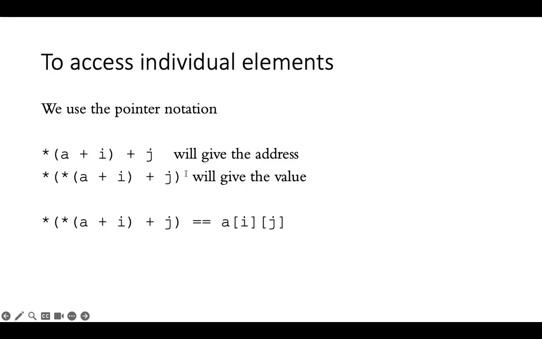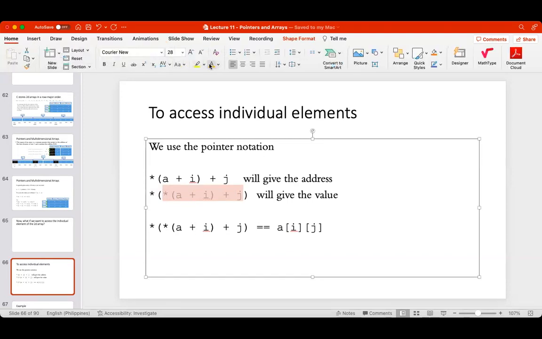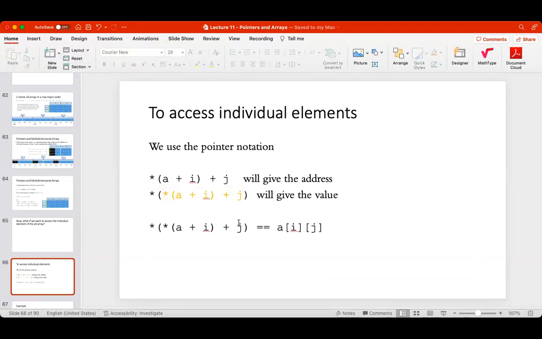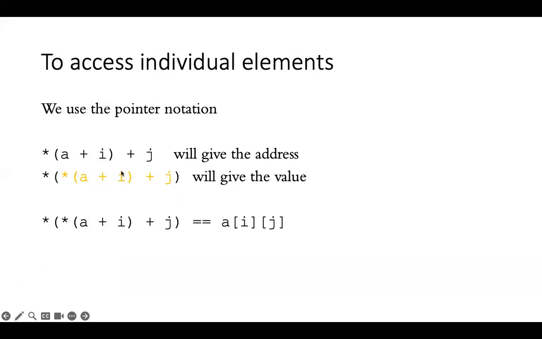So as you can see here, can you see this whole expression? That is being enclosed in parentheses and the dereference operator, which means that we basically want the value which this address is storing.